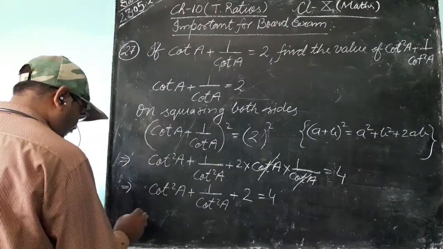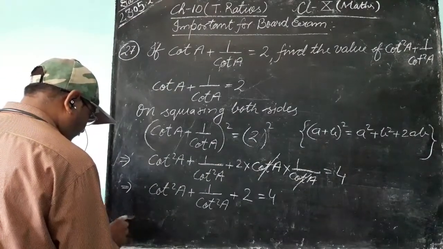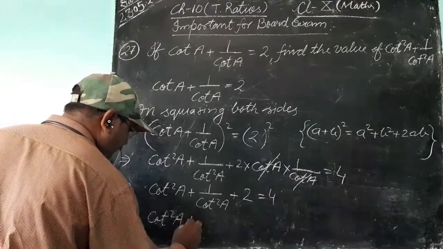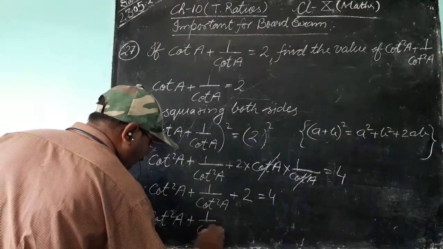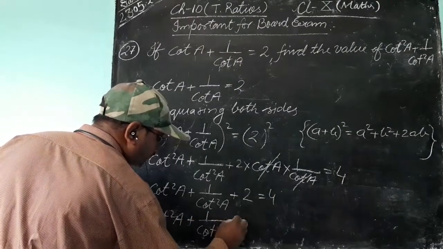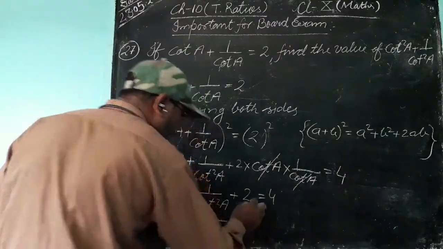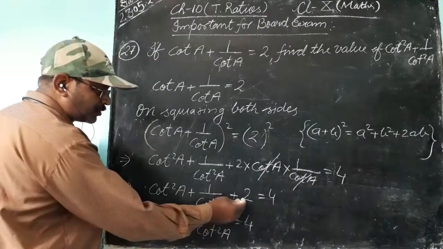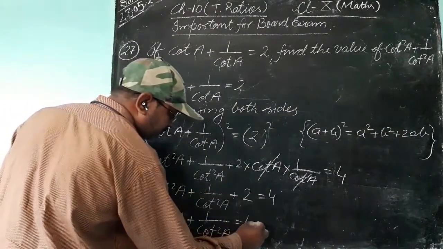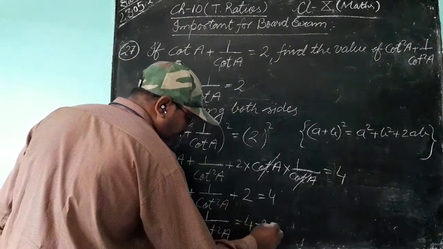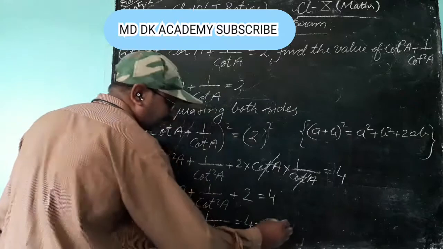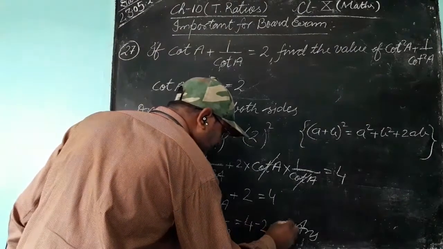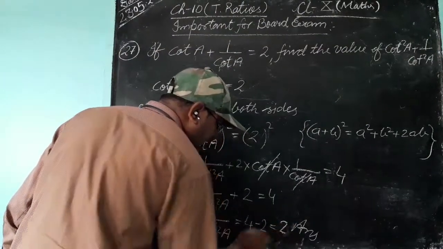Therefore cot square A plus 1 upon cot square A is equal to 4, and you transpose plus 2 to the right side. When you transpose plus 2 to the right side, it becomes minus 2, so it is equal to 2. So the answer will be 2. Clear students? Any doubt?